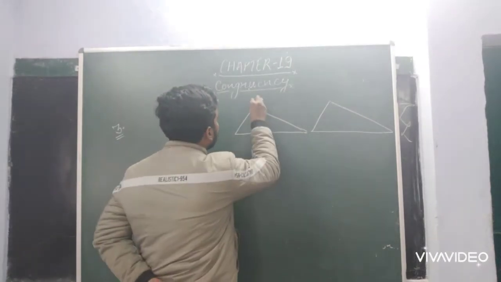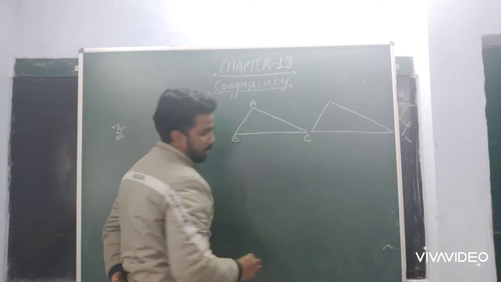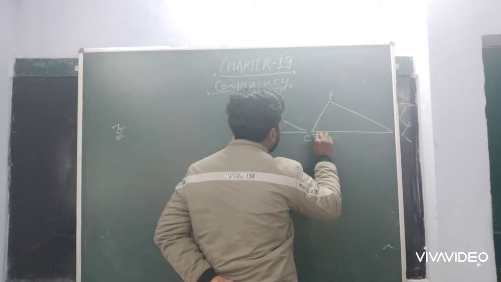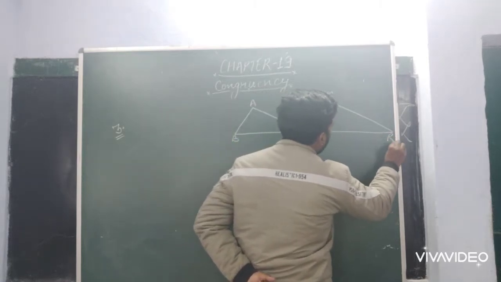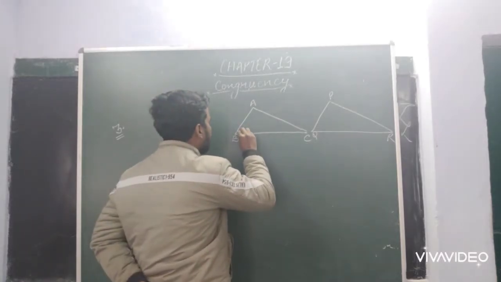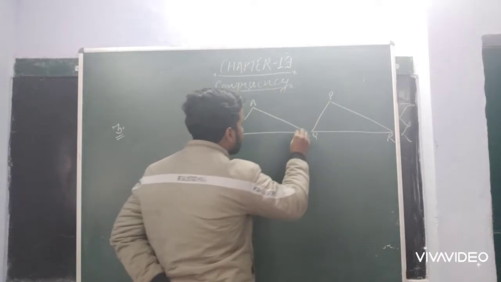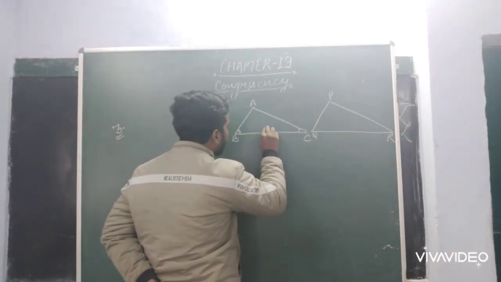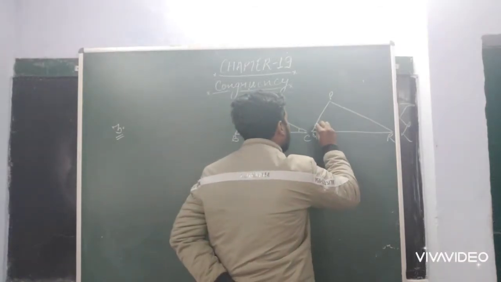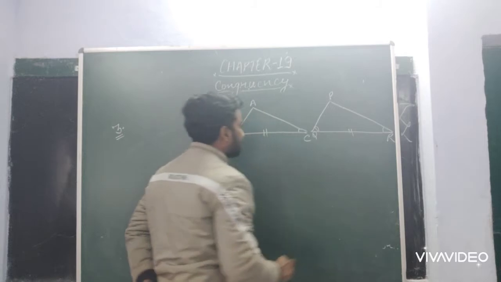So the figure is given like this: A, B, and C. Clear? And this is P, Q, and R. An angle is mentioned at vertex B, then at C, and the side is given to us, then this side, and this side.